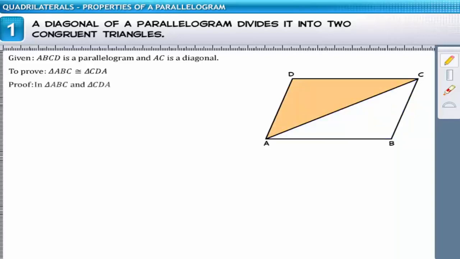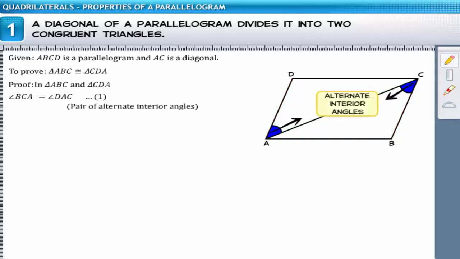In triangle ABC and triangle CDA, angle BCA is equal to angle DAC. Since AD is parallel to BC and AC is a transversal, they form a pair of alternate interior angles.